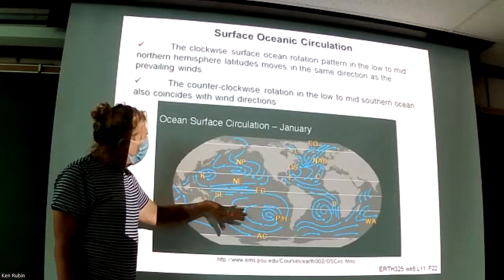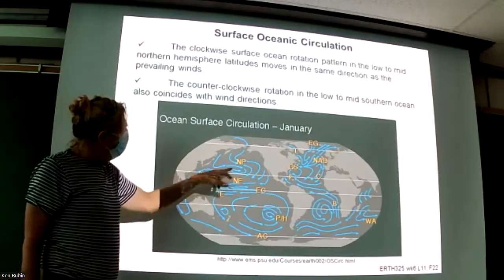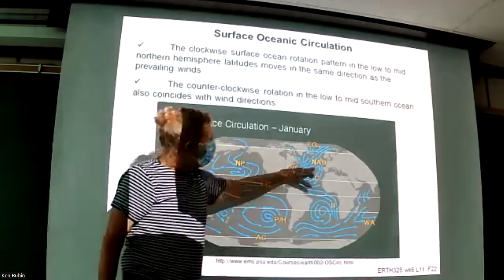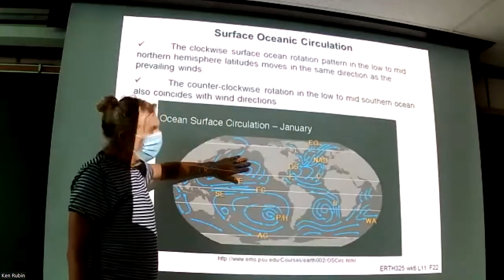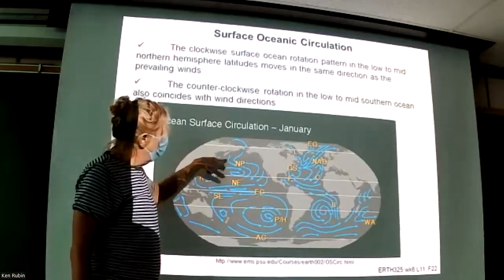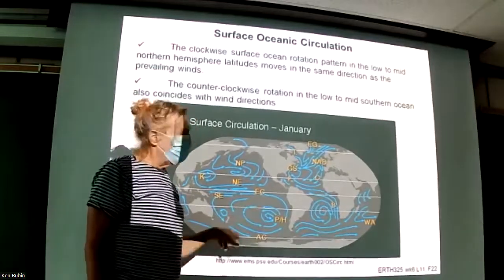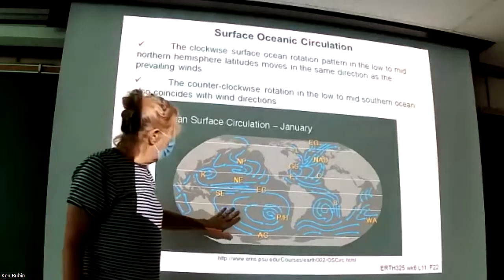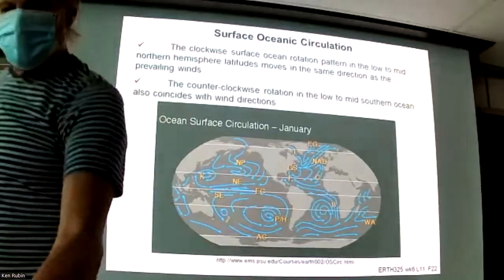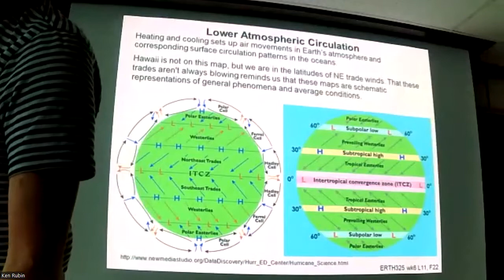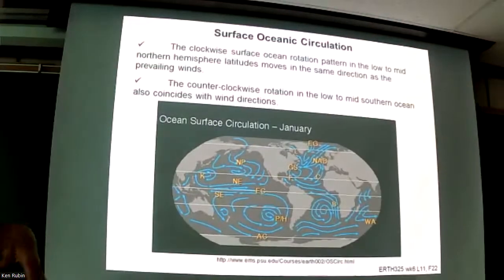This leads to something called gyroscopic flow, which are these circular patterns in each of the major ocean basins. So in the northern hemisphere, the gyroscopic flow is clockwise, and then the southern hemisphere is counterclockwise. And again, these patterns derive directly from these wind patterns. You can kind of compare those two and see it.